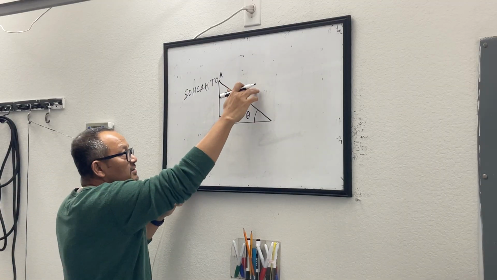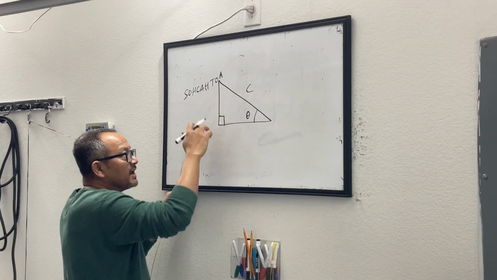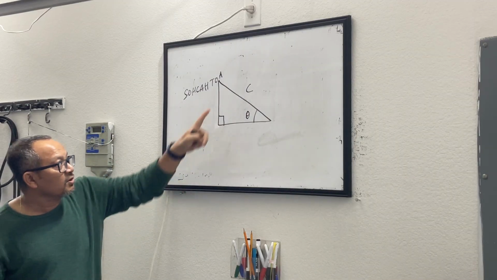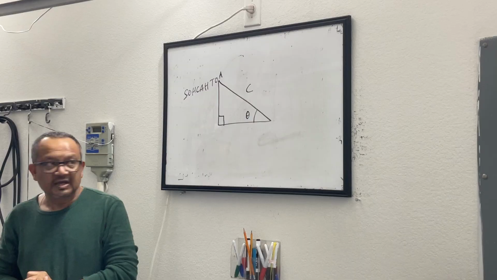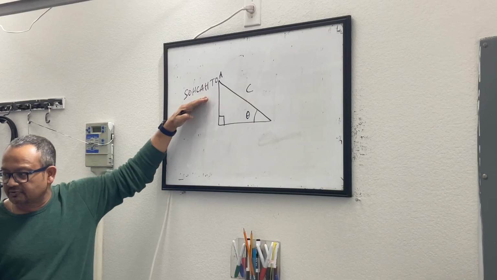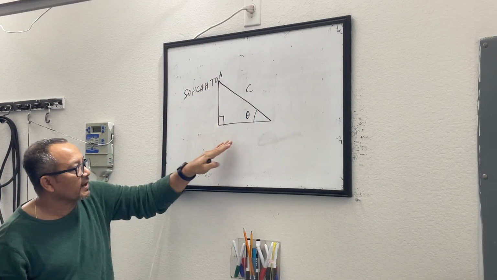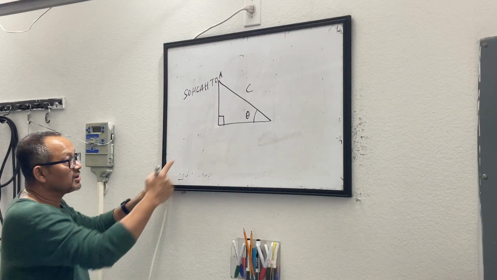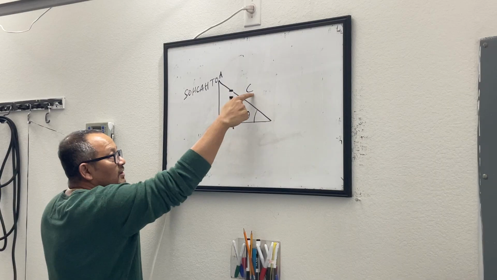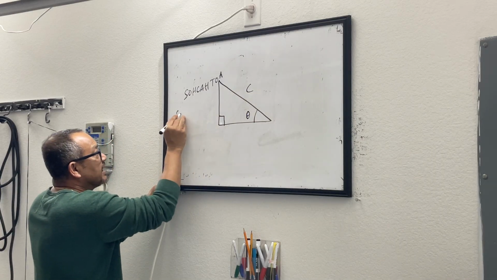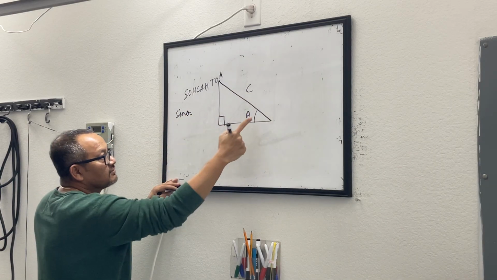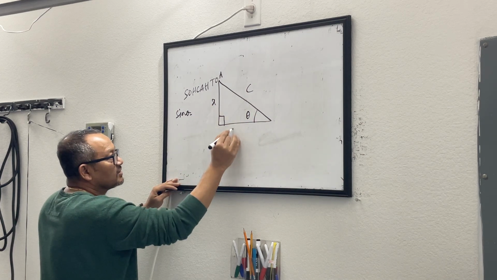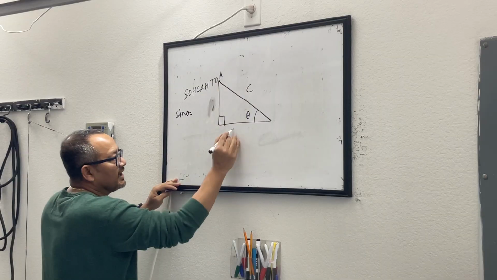Now, if I knew two sides, I was able to apply the Pythagorean theorem and find out the third side. Now we know one side and one angle. If trigonometry was not known, if SOHCAHTOA was not known, there was no way I could find out this side or this side. But SOHCAHTOA says, you know what? You can use the angle and one of the sides. Let's say this is x and this is y.